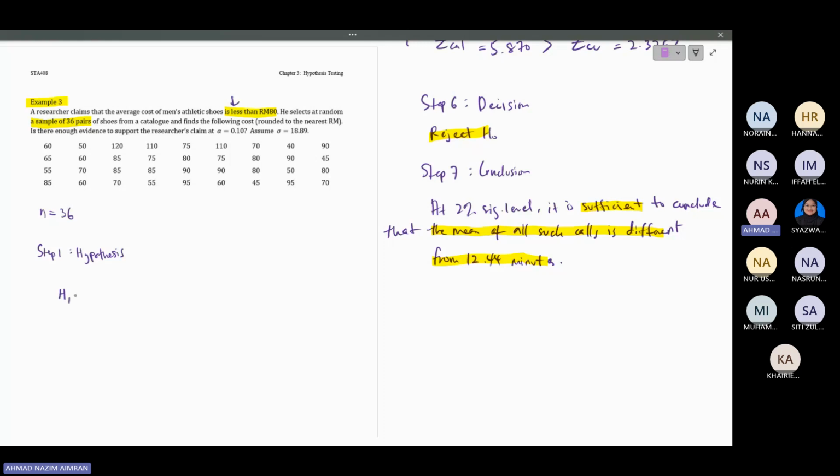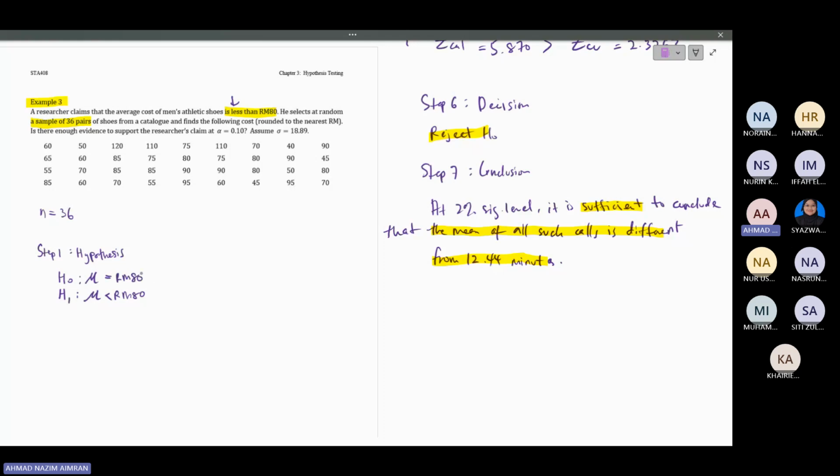So alternative hypothesis H1: mean is less than RM80. And for the null hypothesis, it is always mean is equal to RM80. Just to be safe, just use mean.